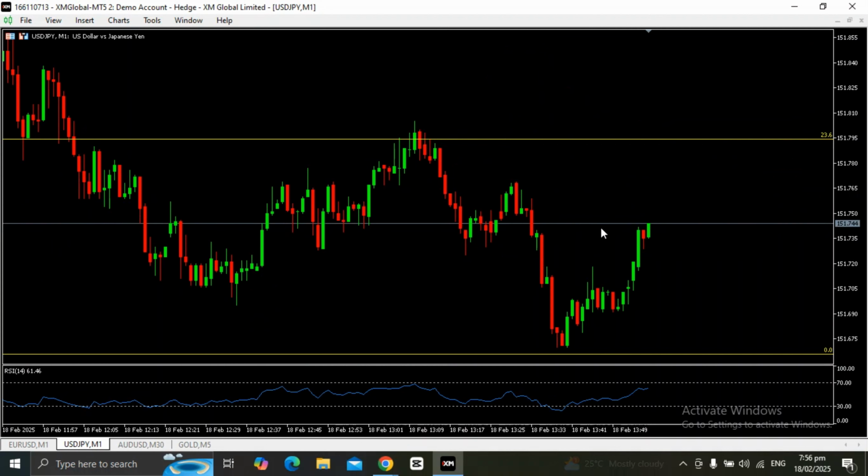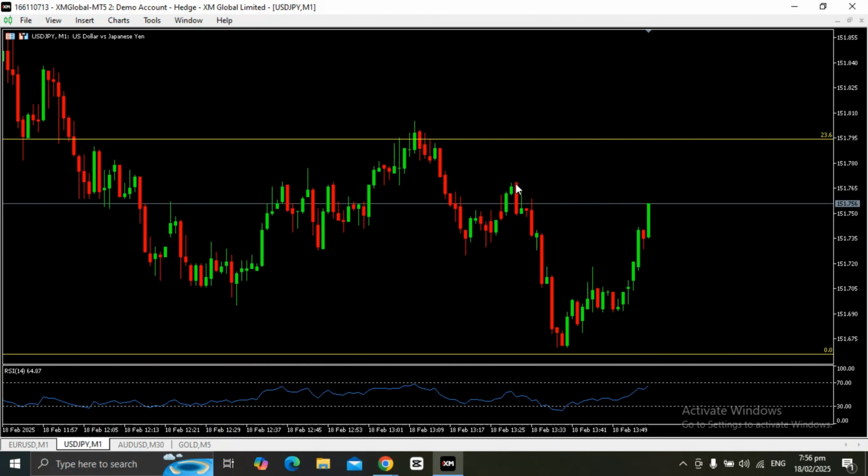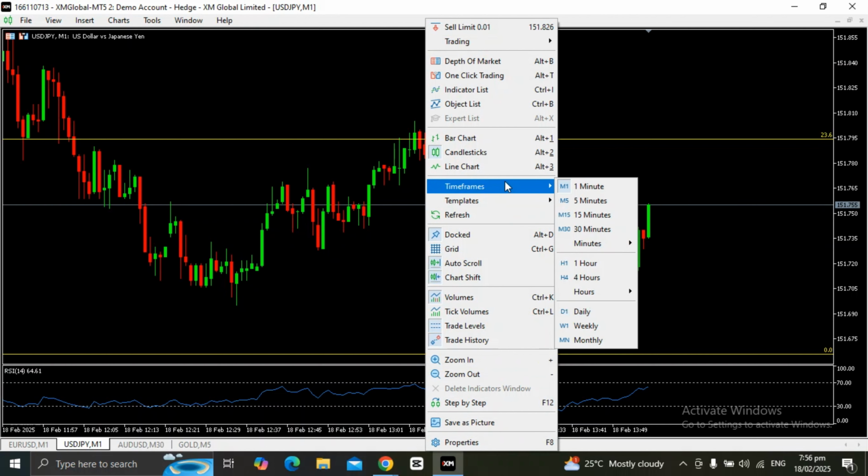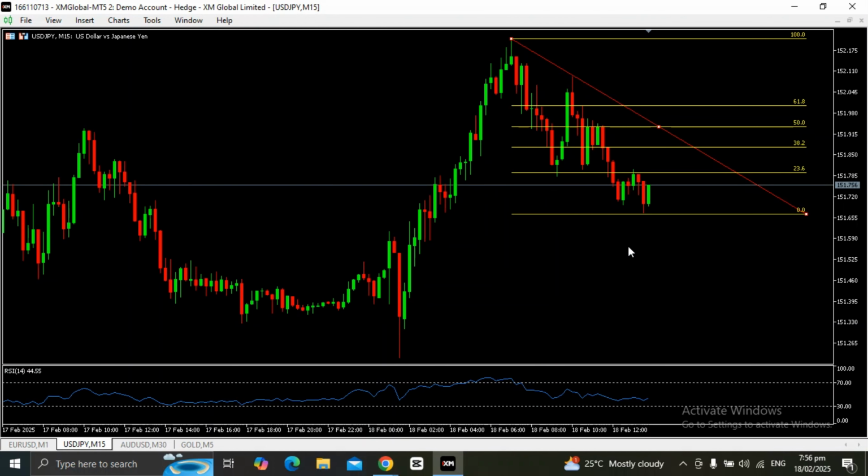Okay, so as you can see, there are other resistances that the bulls need to break. Let's go back to the 15-minute time frame. Okay. So at this stage, the price is moving sideways but with bullish sentiment already. Okay.